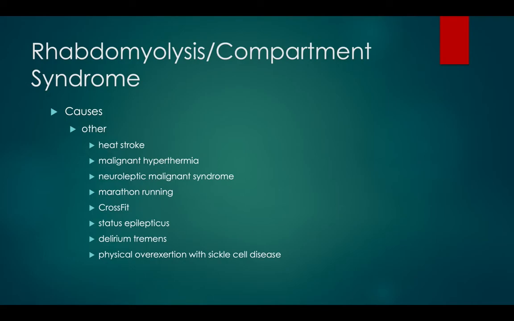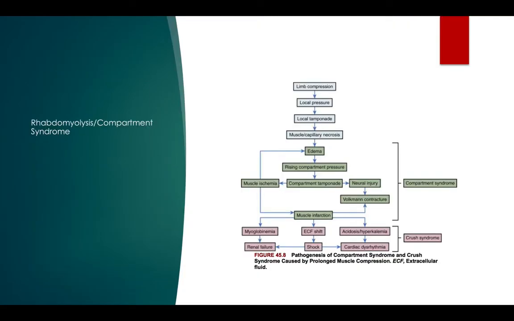Heat stroke, malignant hyperthermia, neuroleptic malignant syndrome. I'll let you read through all these, but basically anything that causes severe strain to the muscles can cause this problem. And this is kind of a flow diagram of the process behind rhabdomyolysis.